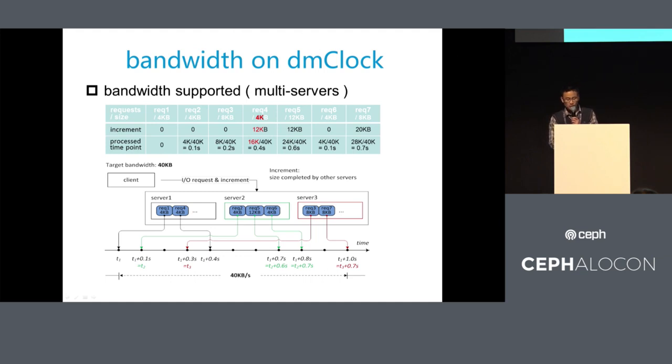That's 16 kilobytes in all. So the request 4 will be processed 0.4 seconds later after request 1. And the incremental size of request 5, that's also 12 kilobytes. So this is the distributed scenario.